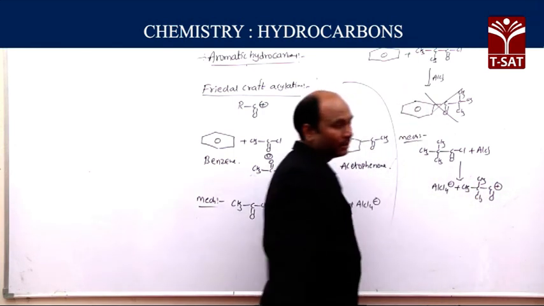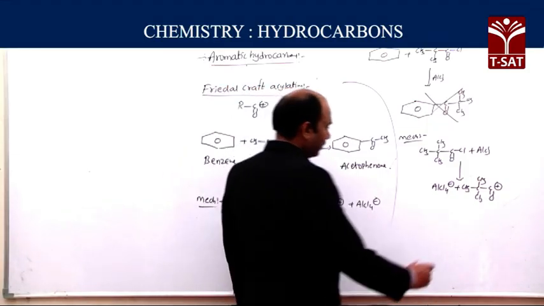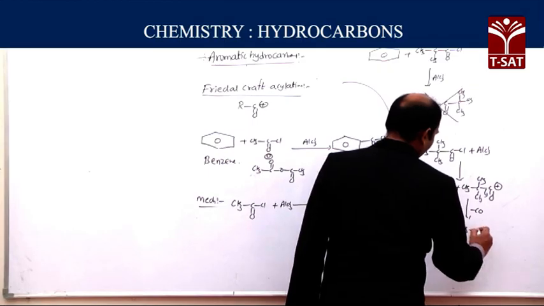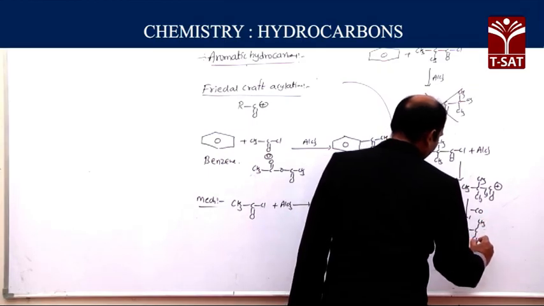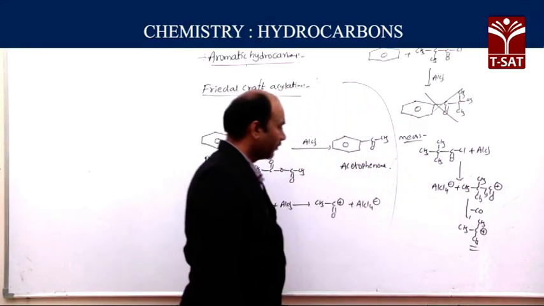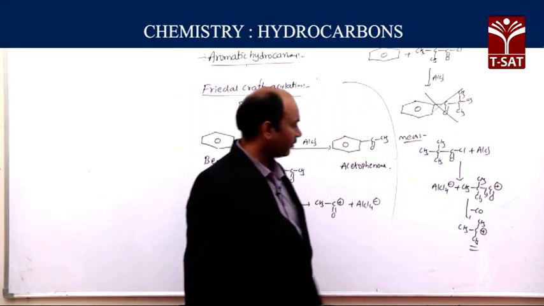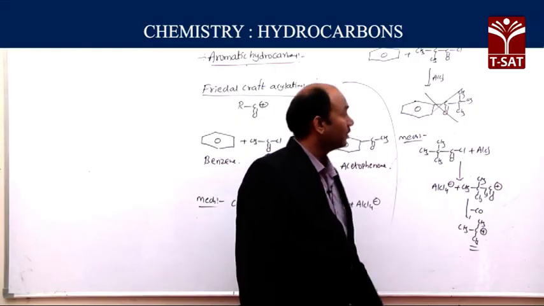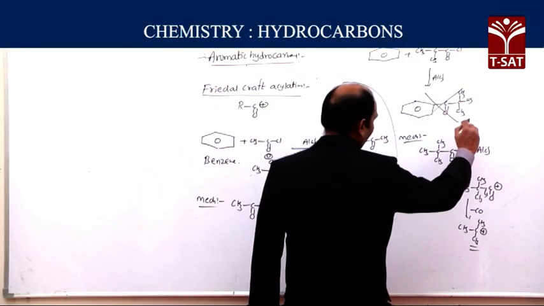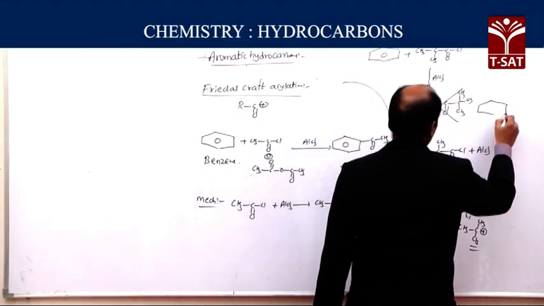This is less stable. So what happens here? Loss of CO gives the carbocation, which is more stable compared to this one. Therefore, loss of CO takes place after the formation of the tertiary butyl carbocation. This tertiary butyl carbocation attacks benzene. So we get tertiary butyl benzene.